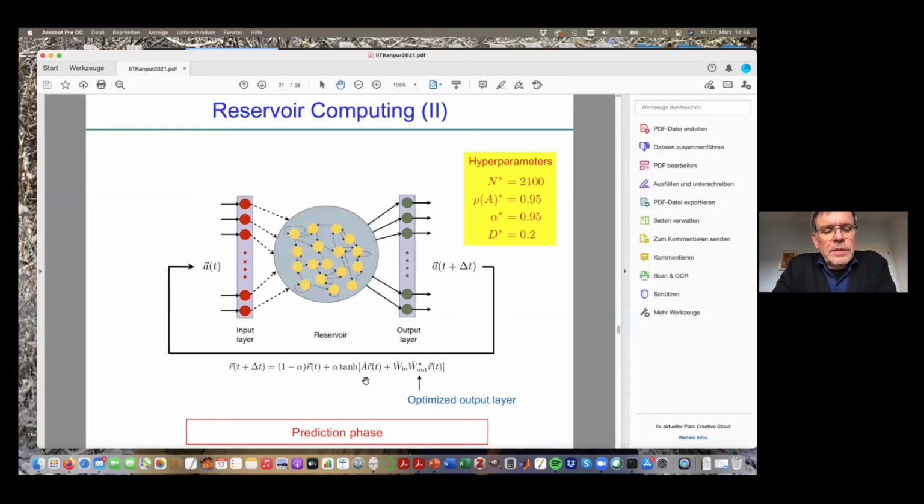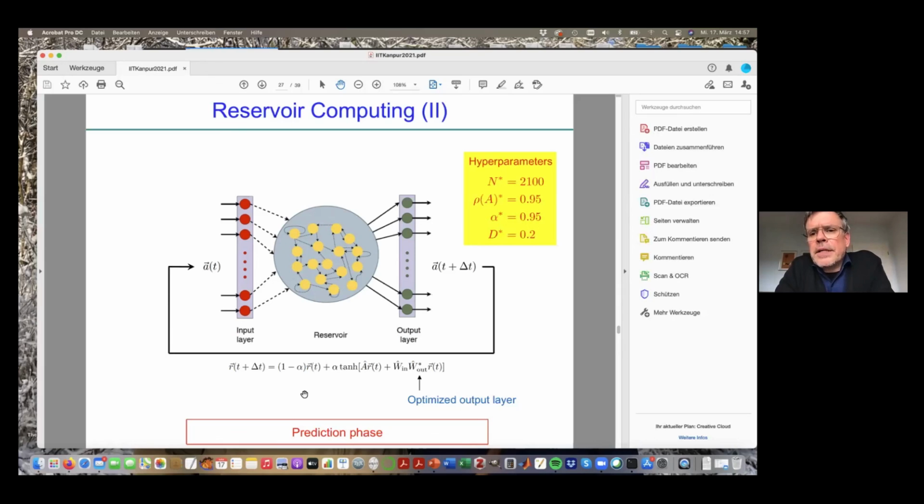The first good thing about the reservoir is you need some kind of short-term memory in your network, and a classical convolutional neural network does not have this. A standard feed-forward network with an input layer, several hidden layers, and an output layer does not have an internal memory. These ones have, because at least for one time step there is a delay in how the information propagates through the network.